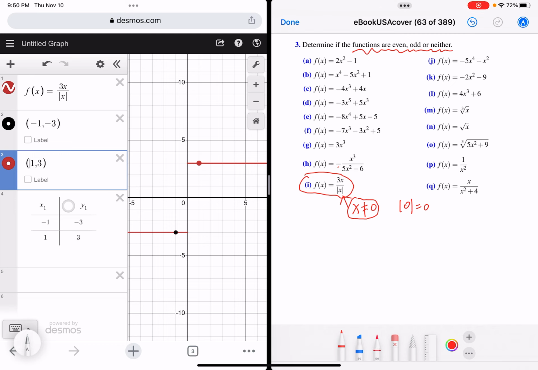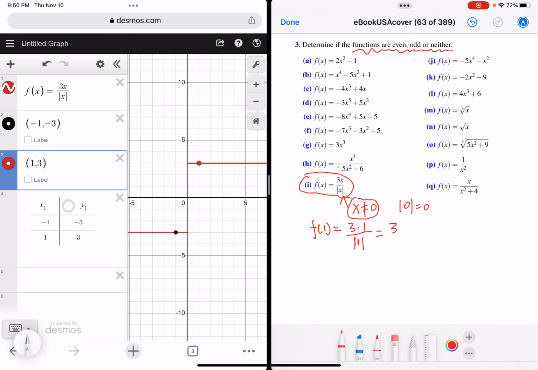Then why on the right-hand side is the picture like this? Look, you may try f of 1. Then you plug in here: 3 times 1, and the absolute value of 1 is 1.